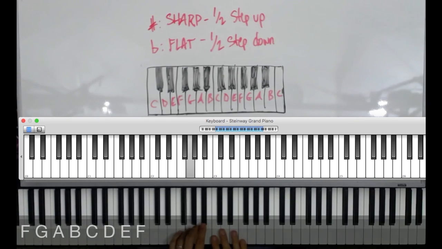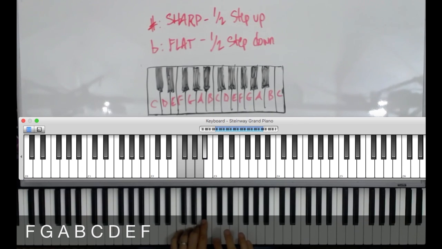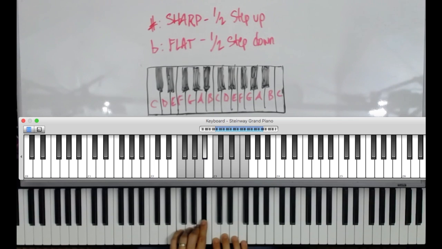F, G, A, B, C, D, E, F. Got it? So F, G, A, now we know that's not B, but it comes from B because it's got to come after A. Understand why that rule makes sense now? We know that B is actually here, so now what direction are we going from the name of the note?